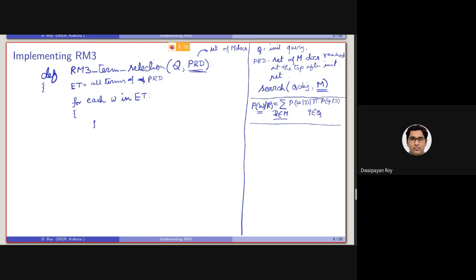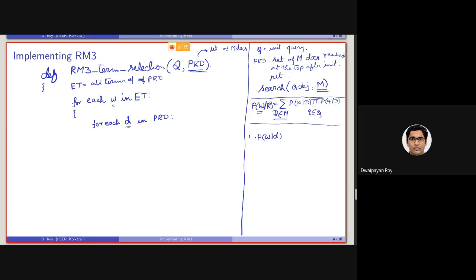So there we need to have another for loop, for each d in PRD, where small d was capital D earlier. Then for each document, we need to compute two things. Number one, P(w|d): for this d, what is the likelihood that the term I am presently considering is generated?